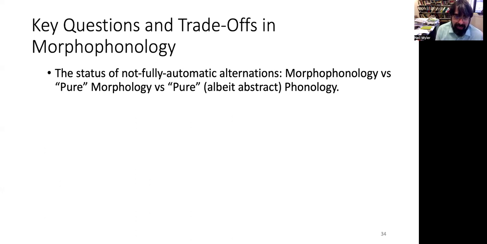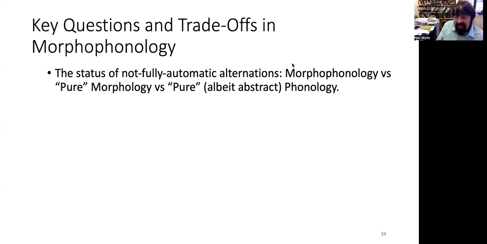Versus pure, albeit abstract phonology. The first option is a popular one, and it's the one that I believed in before I started taking strict modularity seriously. I might end up retreating to this in the long run, but at least empirically, it's in the mix.